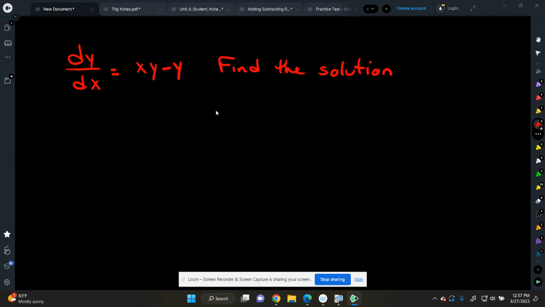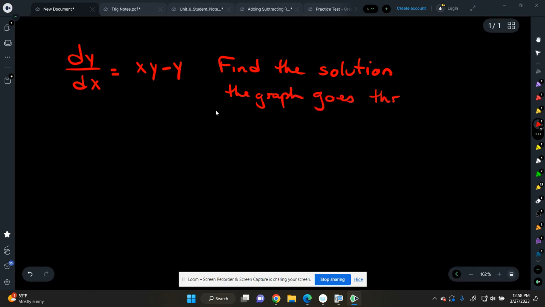Find the solution, and the graph goes through the point (2, -1). So try that one.